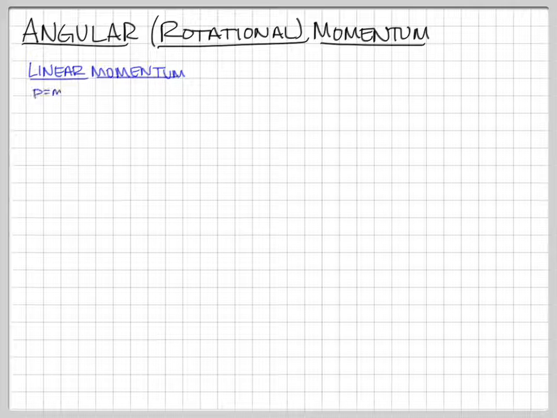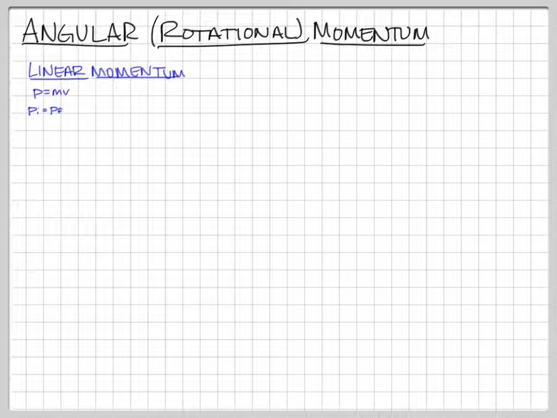Linear momentum, we used a little p for, and linear momentum was just the mass of an object times its velocity. So anytime an object moved in a straight line, had any kind of velocity at all, that object has momentum. We also said that that momentum was conserved. So the initial momentum was equal to the final momentum.